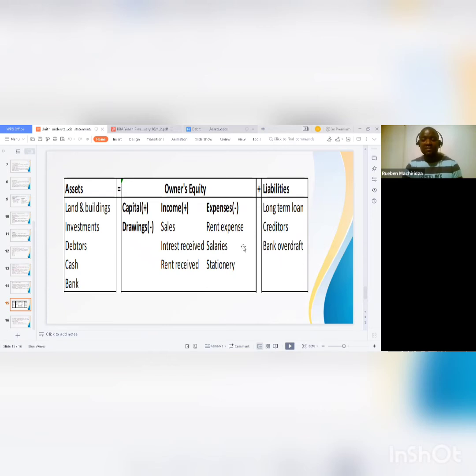And it's a current liability in the sense that we're expected to pay that amount as soon as we deposit any money into the bank, or we are given a maximum period of time that we can stay with a bank overdraft. So we have to pay them back within the financial period, and therefore it falls under the current liabilities. So that's about liabilities.